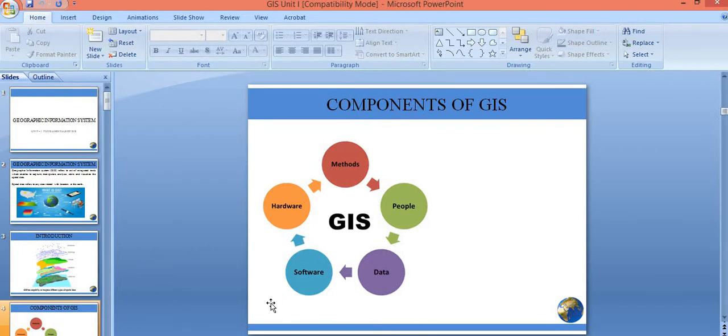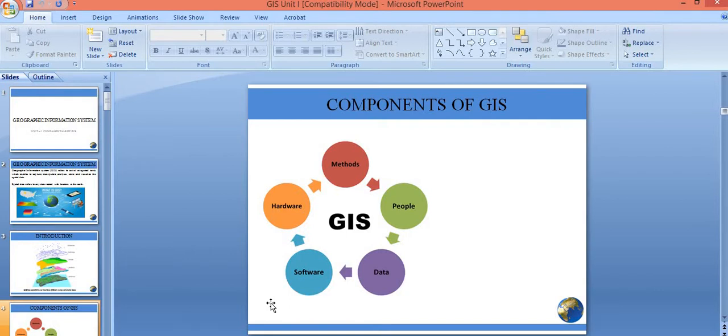So right now we are discussing the data. In GIS, we will be using both spatial data and also non-spatial data. The next comes software. Only through this software we will be capturing, manipulating, and visualizing. The software allows us to do all these tasks.